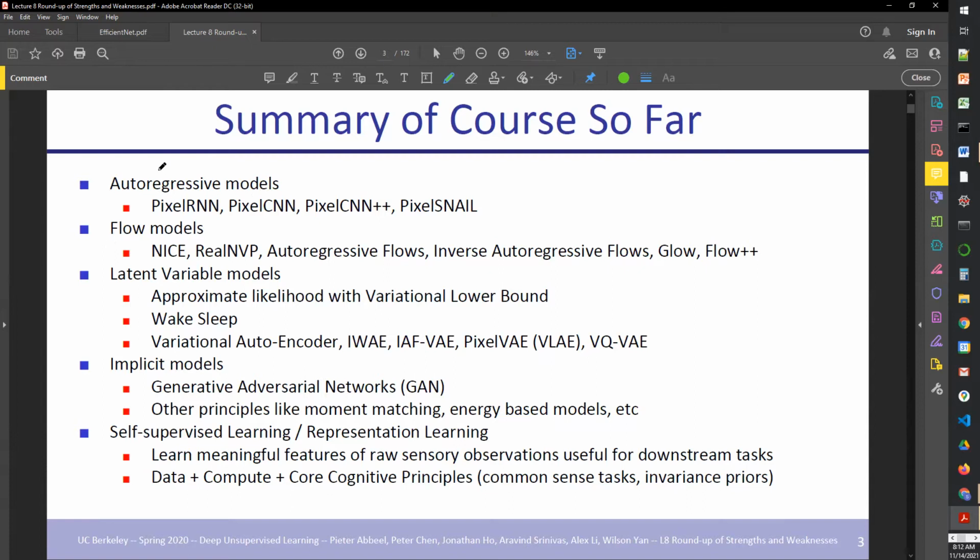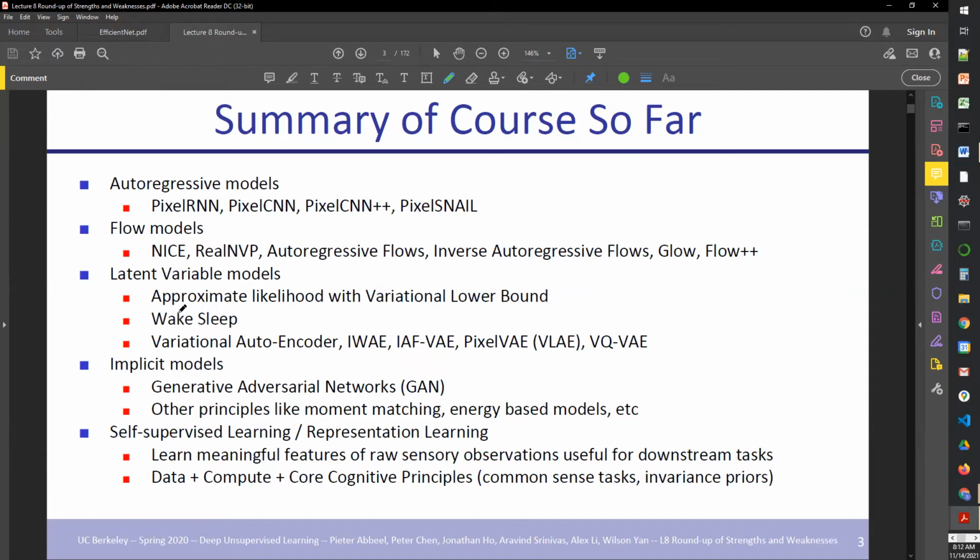And then we switched from the autoregressive and flow space to the latent space. And these are the latent variable models, approximate likelihood. We discussed how to calculate the variational lower bound. The one thing I don't recall is that I believe he just mentioned that wake-sleep was something that was in existence before autoregressive models, but I don't believe that we actually discussed wake-sleep.